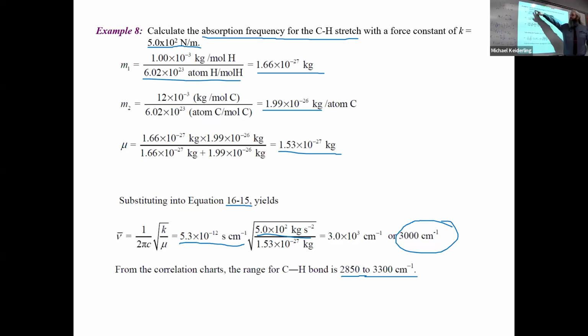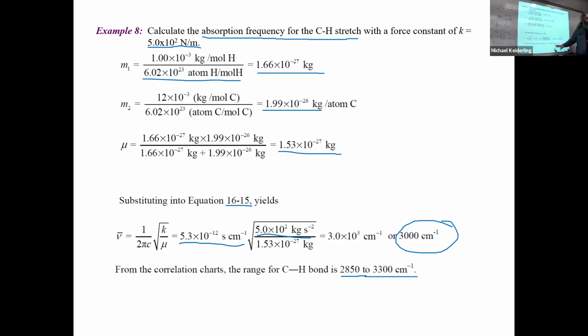K is given as 5 times 10 to the 2 newtons per meter, divided by 1.53 times 10 to the minus 27 kilograms. We take the square root. This comes out as 3 times 10 to the 3 inverse centimeters, or 3,000 inverse centimeters. So the wave number will be 3,000 inverse centimeters. So you'd see a peak at 3,000.